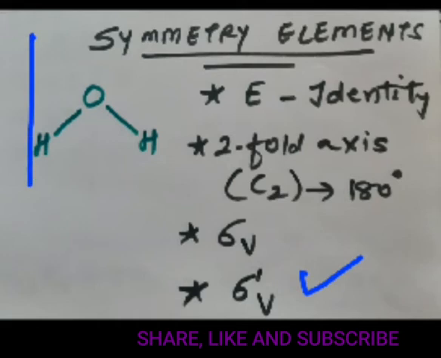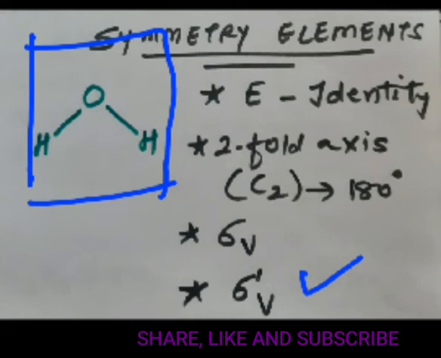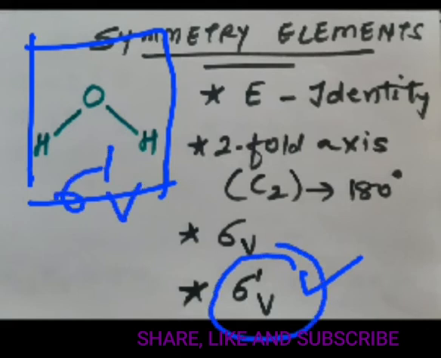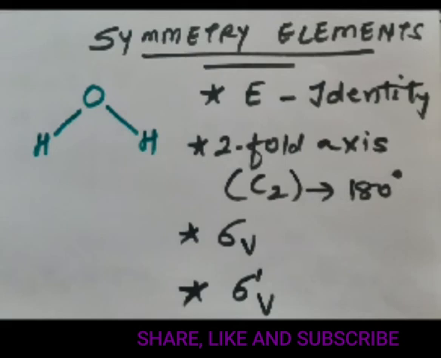So this particular molecular plane, whereby you can get the complete reflection of that molecule itself, will be called the vertical plane of symmetry, denoted by sigma prime v. So in all, how many symmetry elements are available within the water molecule? It's clear to you, 4 elements: 1 identity, 1 C2 axis and 2 sigma v planes.